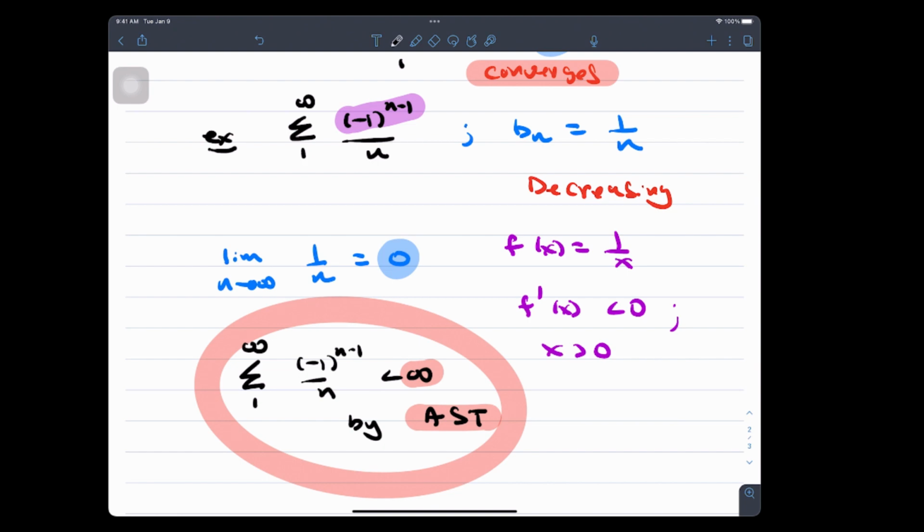Okay, so there's a very, very simple example. What do you guys think? Is that okay?